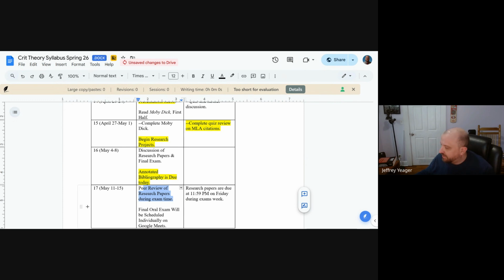I'll have you turn in a draft of your paper and we'll come together and talk about it, talk about ways you can improve them, discuss the merits of your argument. We'll have a round table discussion. And I'll give you all the way up until 11:59 p.m. on Friday during exams week to turn in your paper. And you'll be doing your actual exam part that week too.